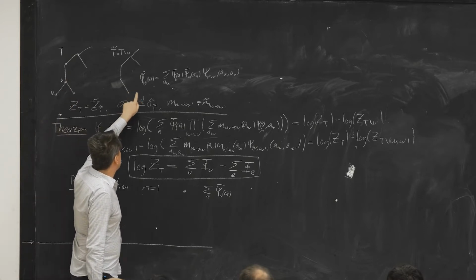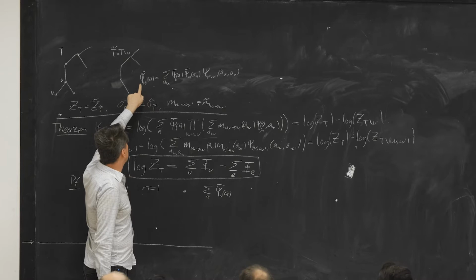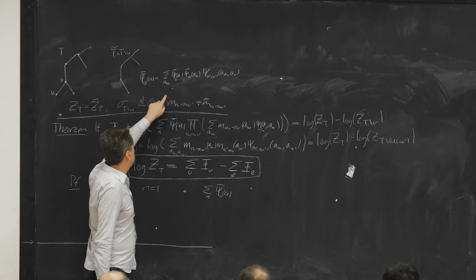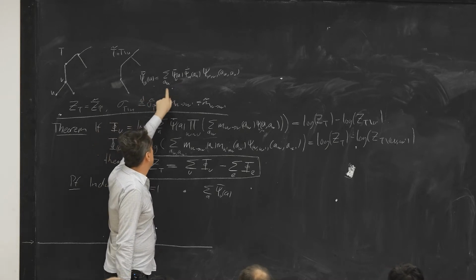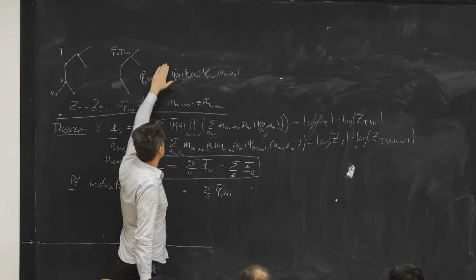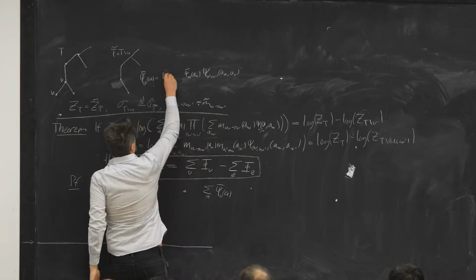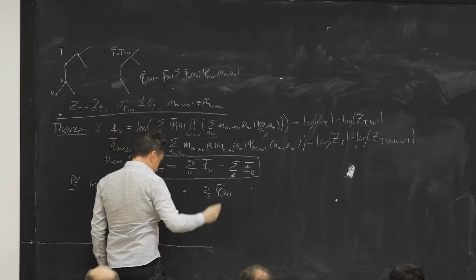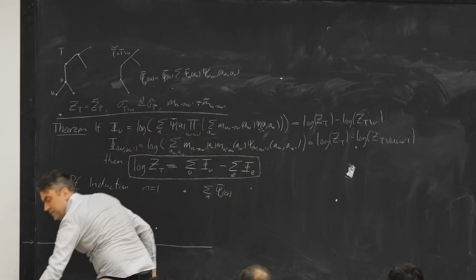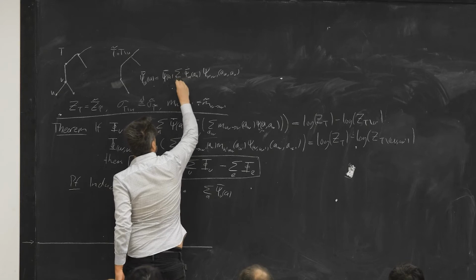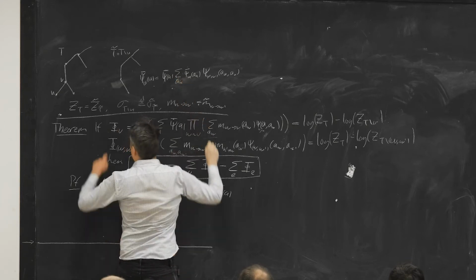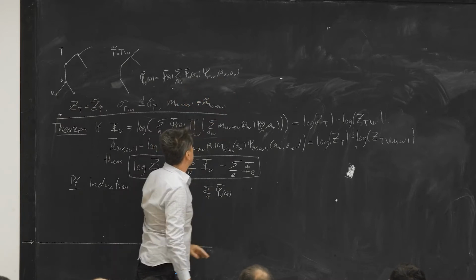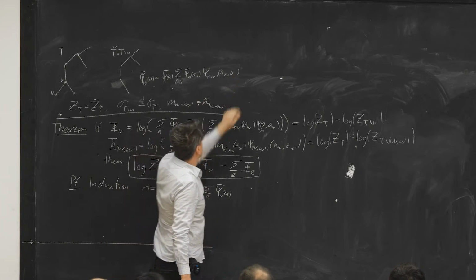So I'll change the weight on v from psi bar of a to psi bar of a, and then sum over the possibilities for u of psi bar of a_u, and then psi of the edge from a_u and a.